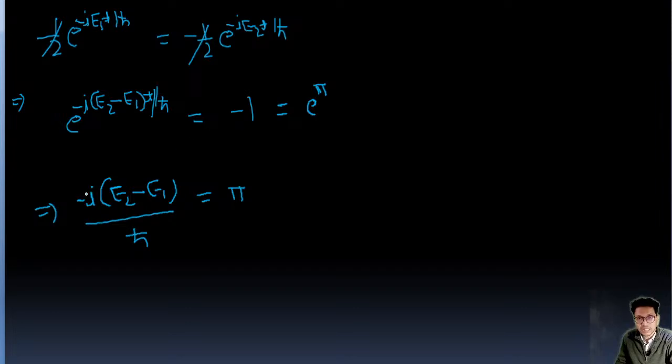Minus minus will get cancelled actually. Wait, this is minus 1, right? So this minus 1 value is e to the power iota pi.